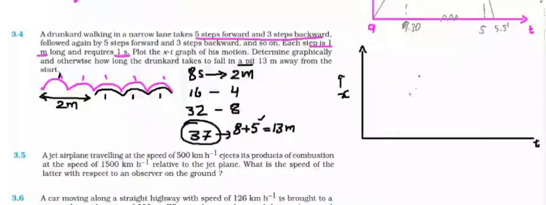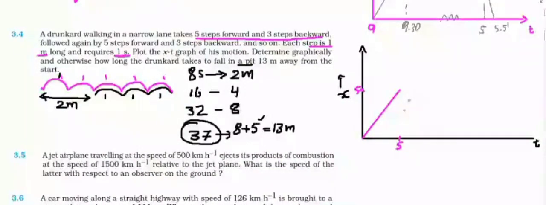He travels 5 meter forward. So the graph will be like this. 5 meter he travels forward. Okay, so we can take this point 5, for which he takes 5 seconds.